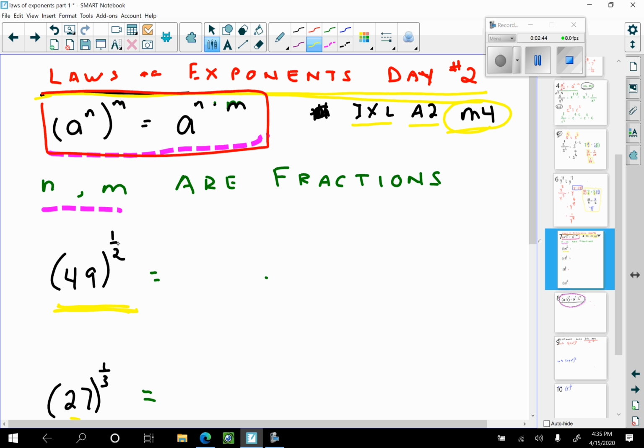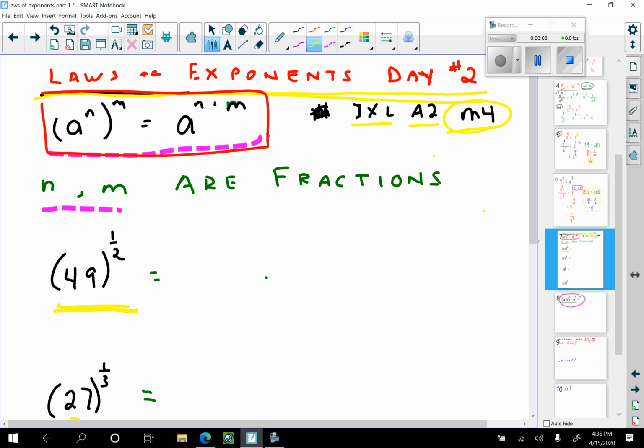We do know that 1/2 is the square root, and we could write it as that, but we're not talking about roots, we're talking about powers today in this video.